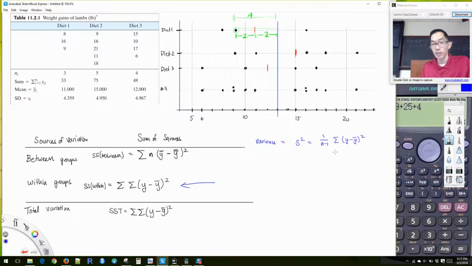In order to get rid of this part, so we don't have to deal with y minus y bar squared, I'm going to exploit the fact that this exact quantity, y minus y bar squared summed up, appears right here. If I multiply n minus 1 times s squared, I get exactly that.